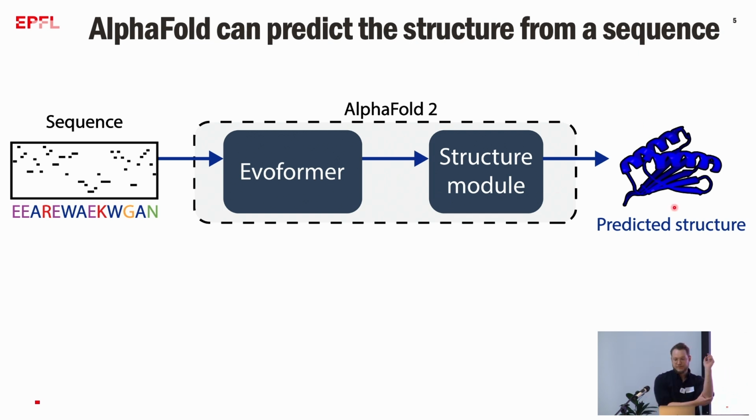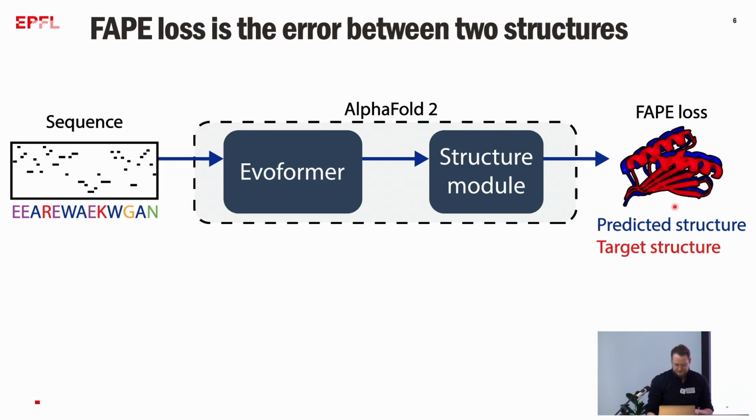If we start with a random sequence, we get a random structure. Now we can take the structural loss and calculate how far off we are from the structure we want to design for. In this case, it's the FAPE loss that AlphaFold uses. You can think of this as a rotationally invariant RMSD, a more accurate version of it.